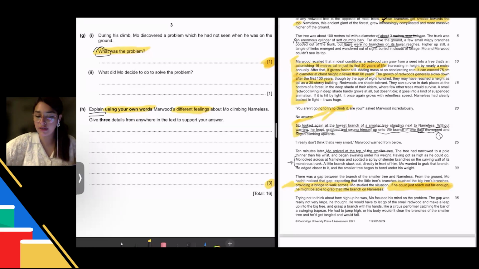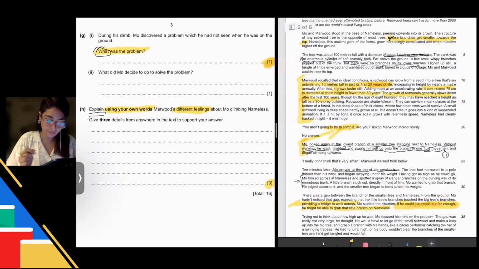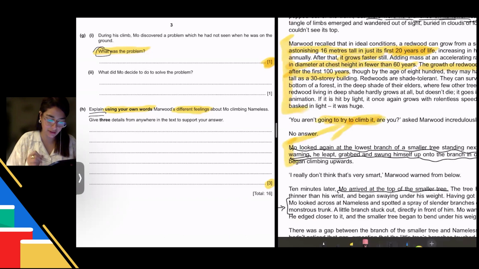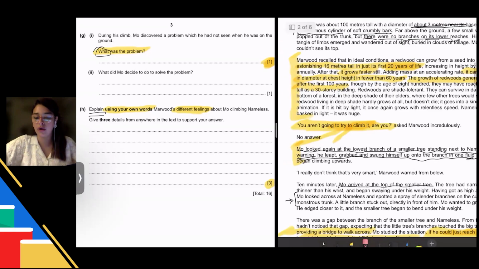All right. So the first evidence that we can talk about in this case is when Marwood says these lines right here: You aren't going to climb it, are you? In this case, we can highlight how Marwood does not believe that Mo would actually climb it. So he's probably amazed.